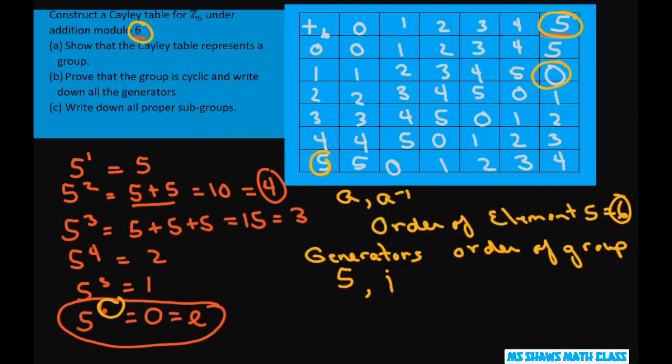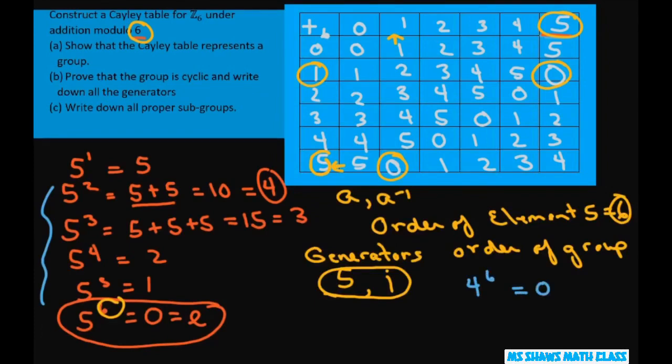There's 5, there's 1. So both of these are generators of the group. If you want to check for other ones, you'd have to have 4 to the 6th equal 0, or 3 to the 6th equal 0, and none of these will work.